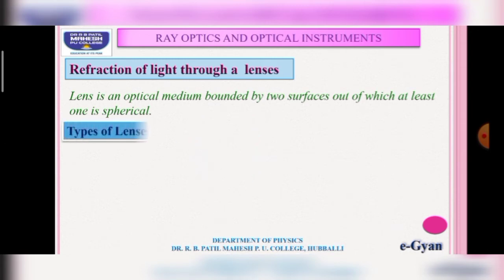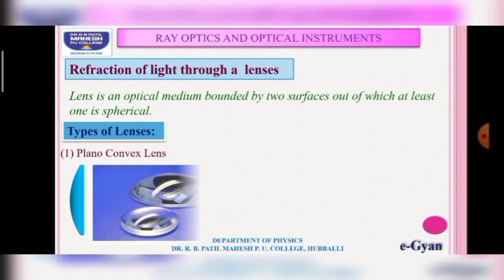There are different types of lenses. First, the plano-convex lens. In this lens one surface is plane and the other is convex in shape. This is the convex surface and this is the plane surface, and this lens is called a plano-convex lens.